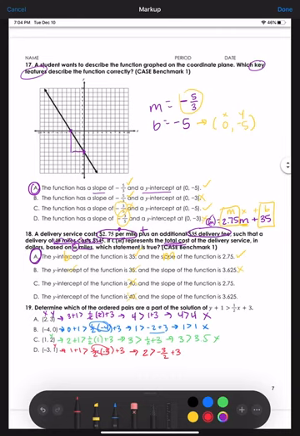Or you could just use your calculator here. If I think of this as negative 1.5 plus 3, this is 1.5. Put that in your calculator to check, but you should get a positive 1.5 or 3 over 2. So is 2 greater than 1.5? Yes, this is true. So D is the correct answer here.